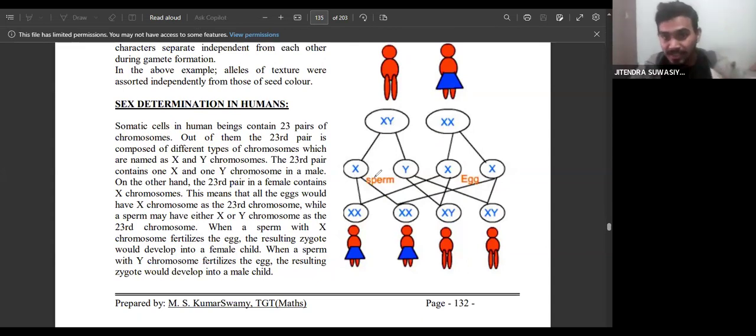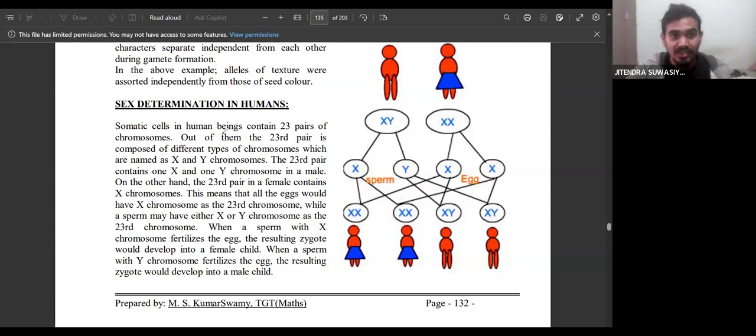It is not going to take 50% of this and 50% of that; because of gamete formation, they are individually separated and individually sorted. After that any allele can go through any gamete and they can fuse, and after that they can form any gamete. Okay, so this is the law of independent assortment.